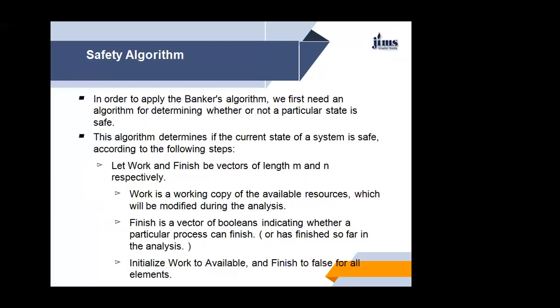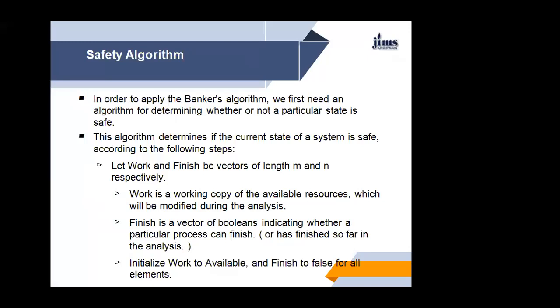Now one is the safety algorithm. In order to apply the Banker's algorithm, we first need an algorithm for determining whether or not a particular state is safe. We have already discussed when a state will be safe. So let work and finish be vectors of length m and n respectively.